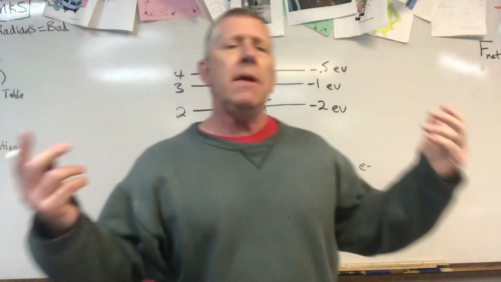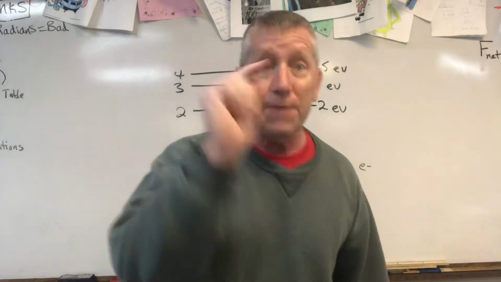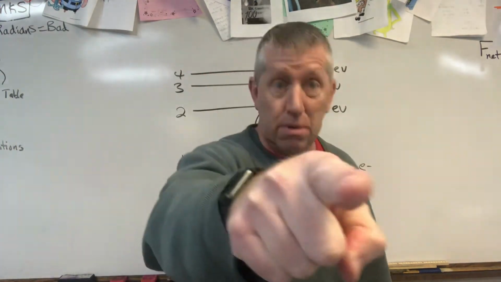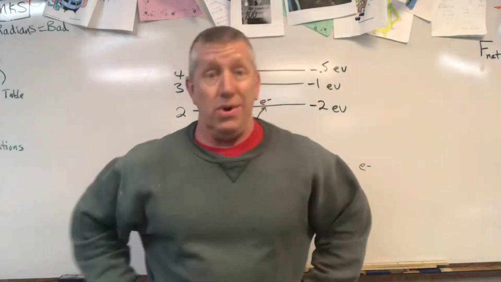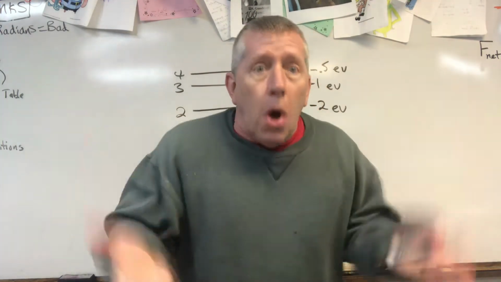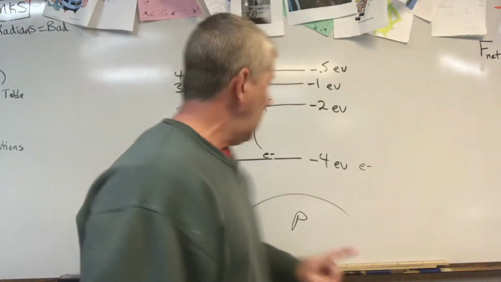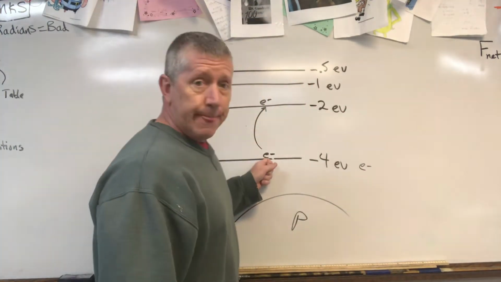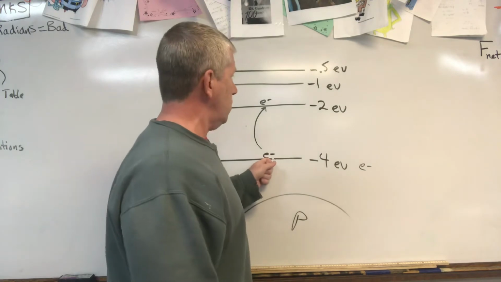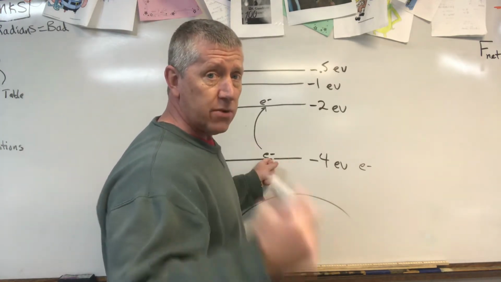What would happen if you had your Coke machine and you put in 1, 2, 3, 4, 5, 6, 7 quarters? Hit the button. You're getting 1 Coke. What does that have to do with this? What if I'm an electron here and I get jolted with 2.5 electron volts?